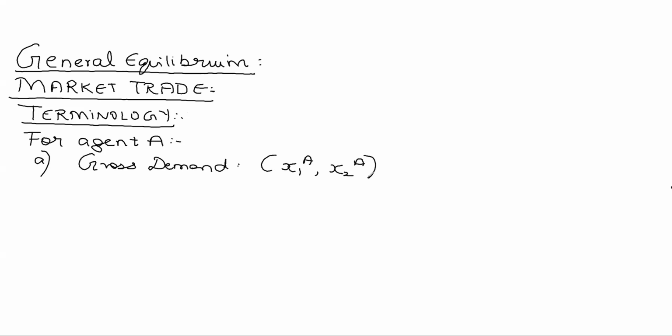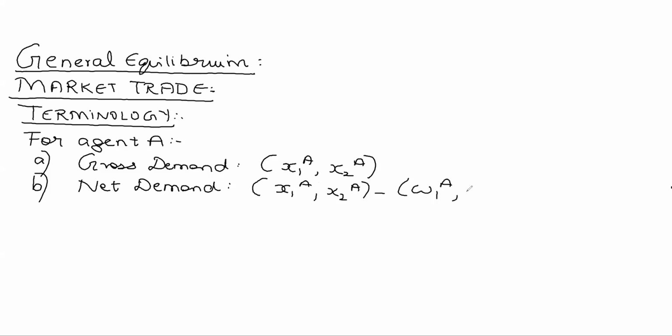This is the bundle agent A will actually consume. The net demand for agent A will be the gross demand vector minus agent A's endowment vector, so x1a minus omega 1a, x2a minus omega 2a.